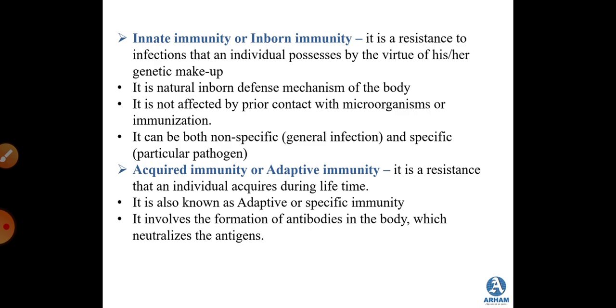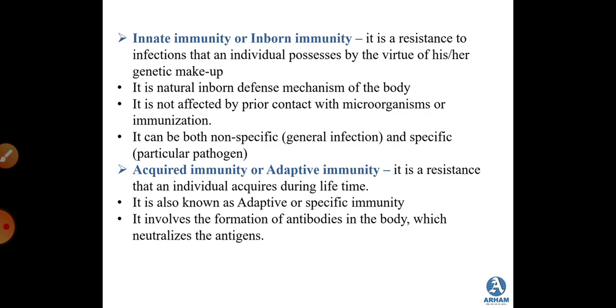So let us see the basic comparison between innate immunity, or inborn immunity, and acquired immunity, or adaptive immunity. Innate immunity is a resistance to infections that an individual possesses by virtue of his or her genetic makeup. As I previously told you, innate immunity is inherited.